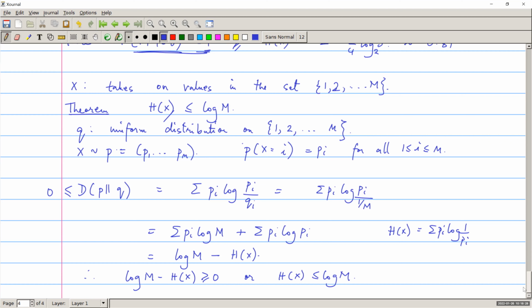All of these are based upon one application of convexity to show that KL divergence is greater than or equal to 0. So we have pretty much used convexity on KL divergence, and from that we got all the other things. So this is one strong way to use convexity.